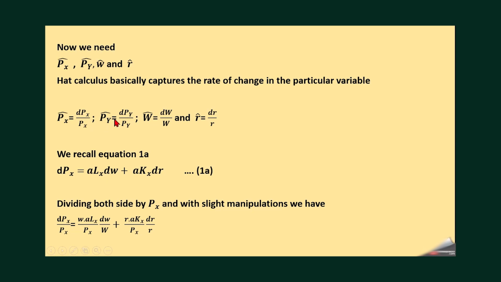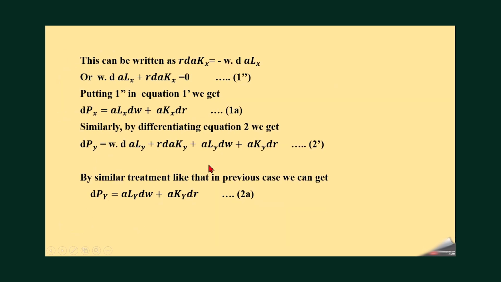Py hat will be dPy by Py. So the absolute change is divided by the level, giving the relative change. W hat is equal to dW by W and R hat is equal to dR by R. Now remember, we found from equation 1a dPx is equal to ALX dW plus AKX dR.